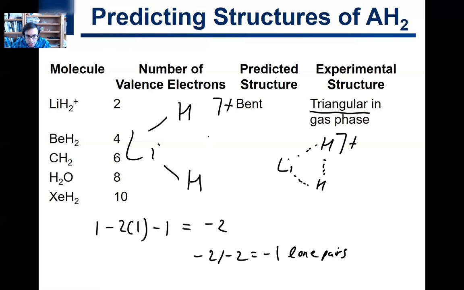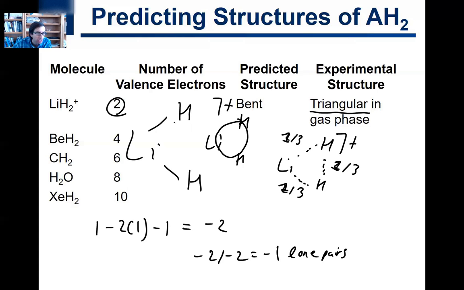Really you have some electron density map that just looks like a big sphere, and it's 2 electrons equally distributed between all 3 bonds. So maybe you could say there's a 2/3 bond there, a 2/3 bond there, and a 2/3 bond there, or 1/3, sorry. 1/3 bond everywhere. Overall you have 1 bond's worth because you have 2 electrons tying it together.